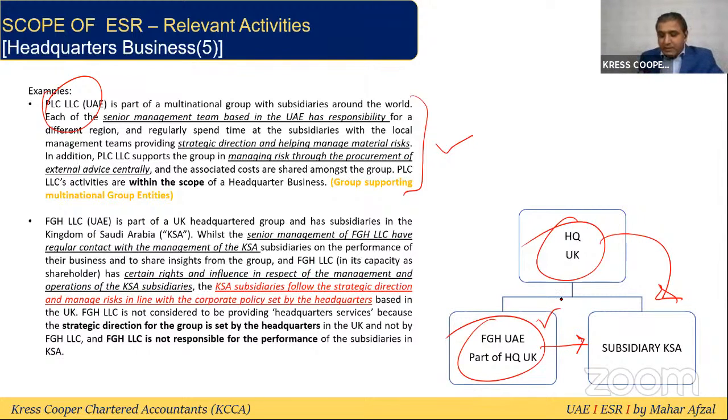They are providing management, but ultimately the subsidiary based in KSA takes directions from the head office in the UK to manage and control the risk. They said since the directions are coming from the UK, the UAE company will not be considered as providing headquarters services. So it will not be subject to ESR.